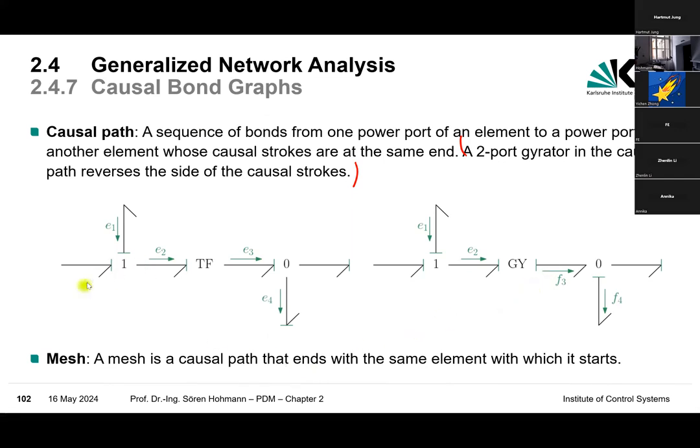From there, here to there, we have a so-called causal path. Okay, so not to be confused, these are two figures, figure 1 and figure 2.